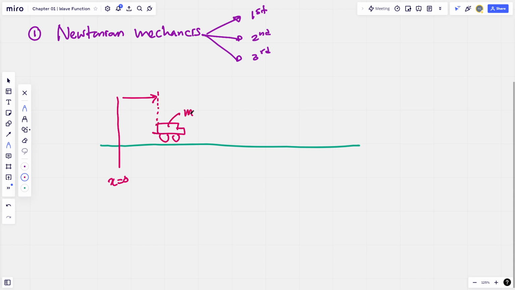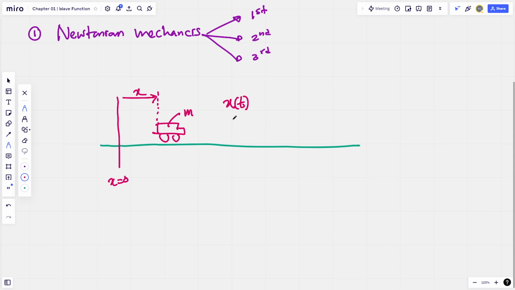If it has mass m, to describe any parameter, like velocity, momentum, kinetic energy, any variable of interest, we first need to find the function x(t). This x(t) function is the position of this object at any given time.